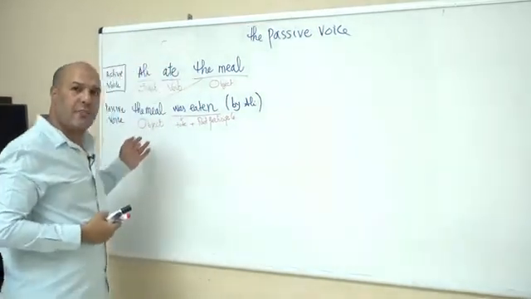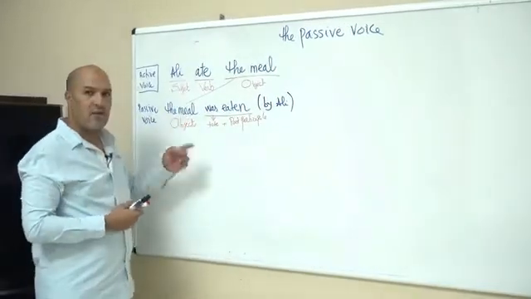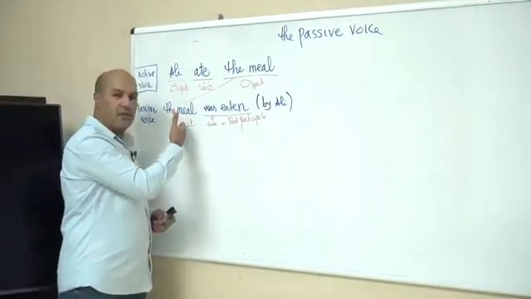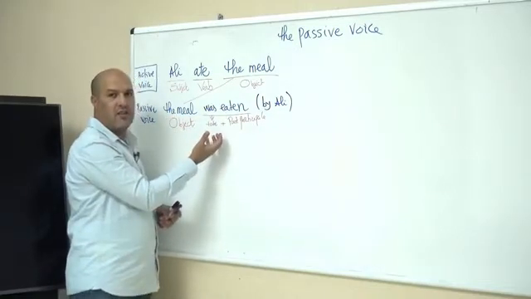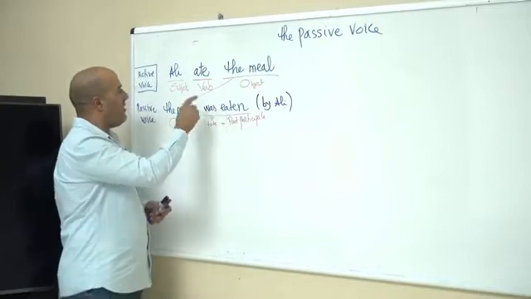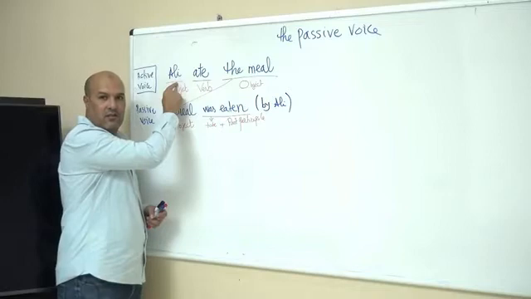So normally we need the passive voice if we want to emphasize the object. So here we start with the meal. So your emphasis is on the meal which received the action of eating. On the other hand, when we were talking about the active voice, the emphasis was on Ali.